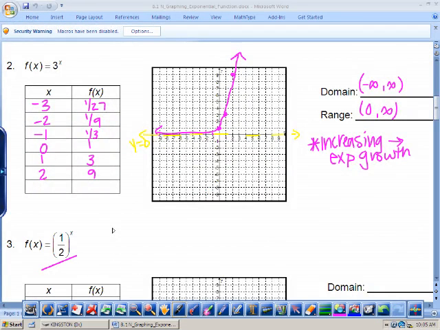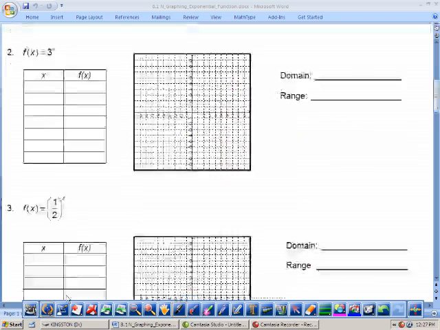All right, take a look up here and make sure your graph looks like this. Are there any questions on graphing f of x equals 3 to the x power? This is another parent function. This is a parent function for anything that has a base of 3. Everyone okay?